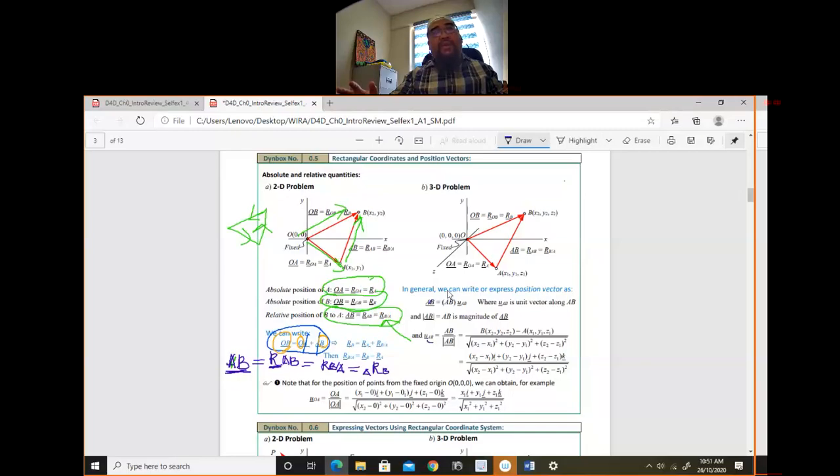You can see the formula here for 2 points. How do you get the unit vector? It is vector AB divided by the magnitude of AB. So vector AB is x2 minus x1 i, y2 minus y1 j, and z2 minus z1 k, divided by the magnitude.